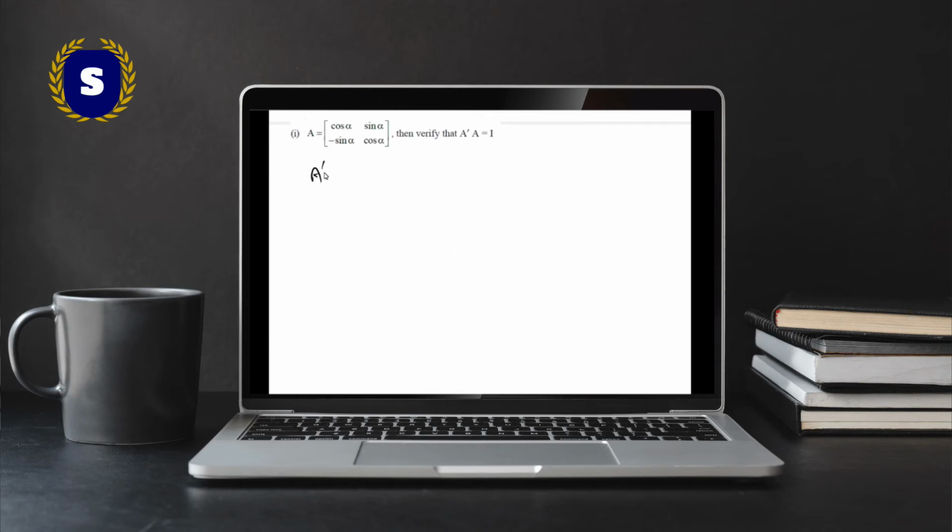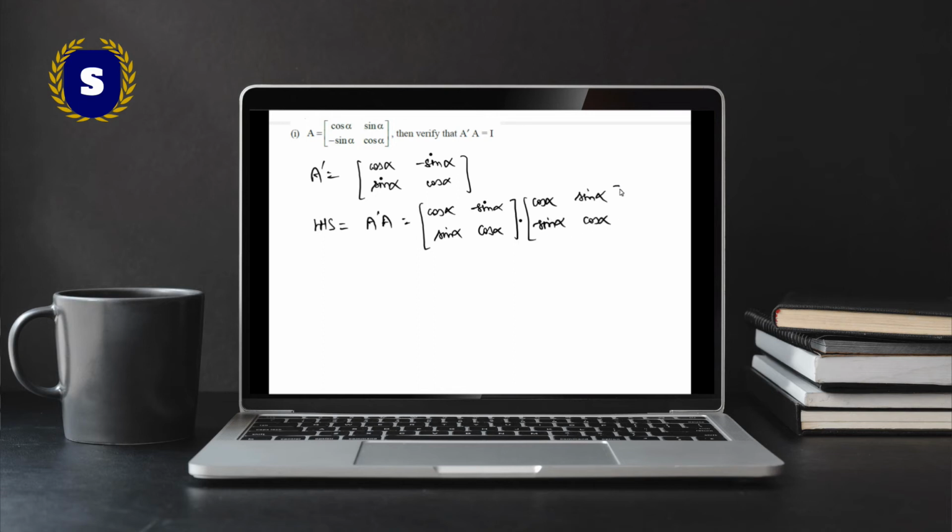Let's calculate the A transpose matrix, which is equal to cos alpha, minus sin alpha, sin alpha, cos alpha. Now LHS, which is equal to the product of A transpose and A matrix, is cos alpha, minus sin alpha, sin alpha, cos alpha multiplied by cos alpha, sin alpha, minus sin alpha, cos alpha.